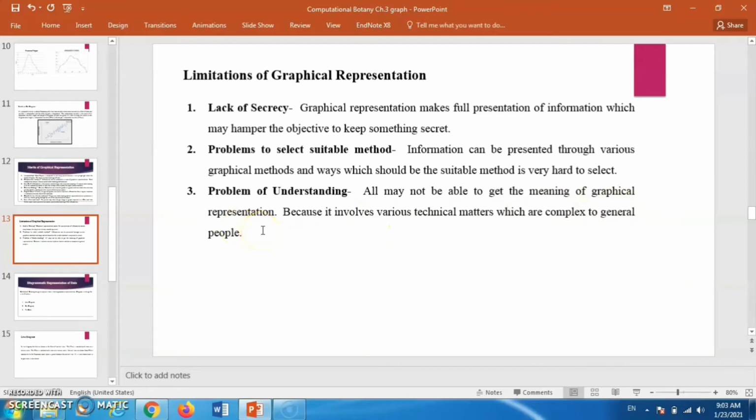In the previous slide we said it is easy for illiterate people to understand, but sometimes when the data becomes complicated or complex, it is not so easy to understand even for educated people. This is one of the main limitations, because it involves various technical matters which are complex for general people.